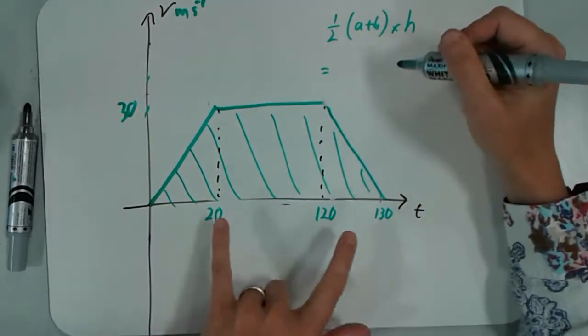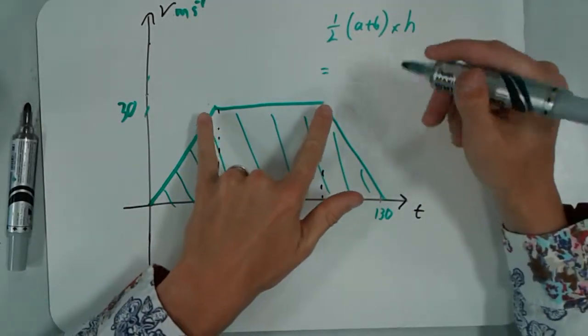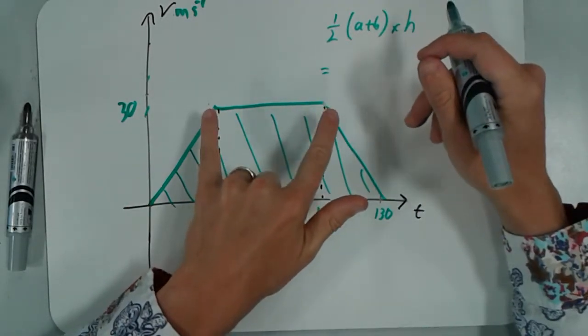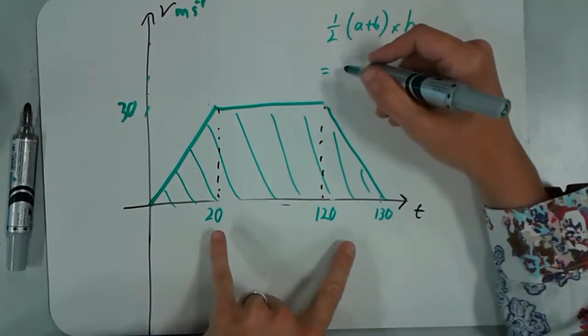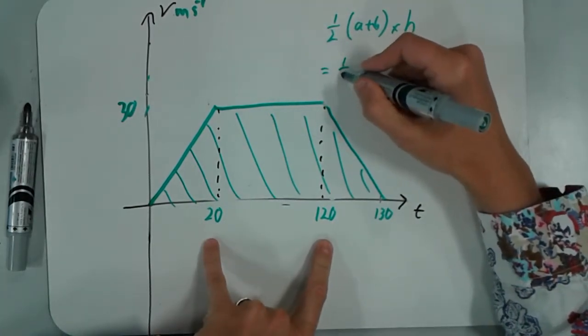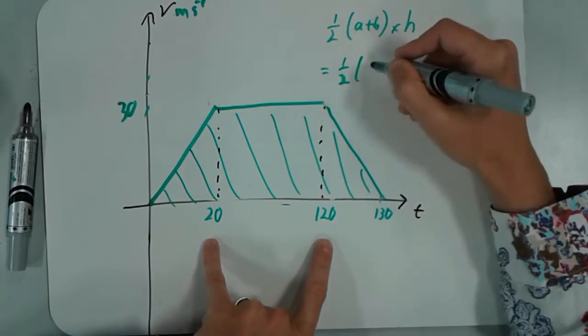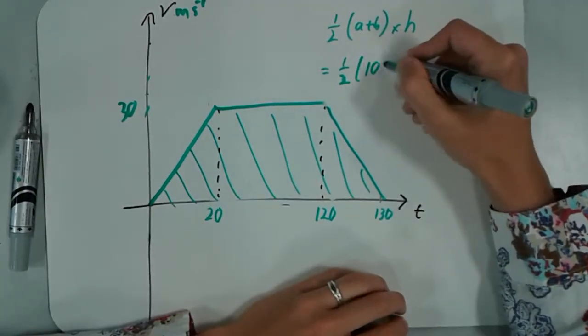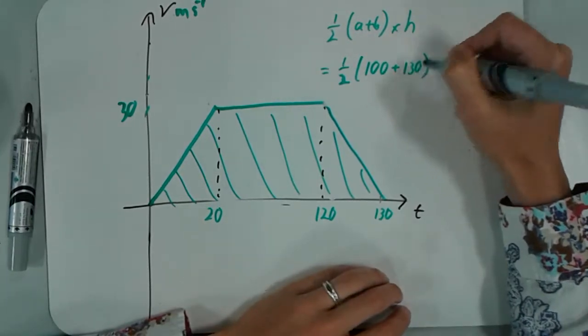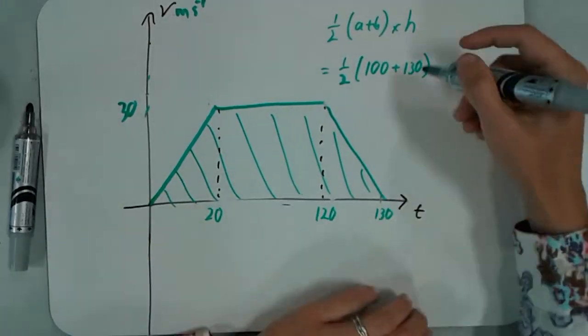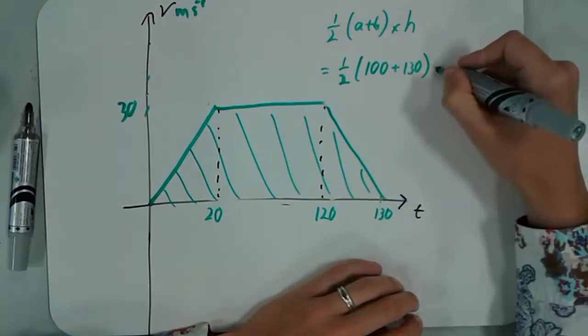In this case, that means that we have the average between when we were travelling at 30 and the overall time. So we were travelling at 30 for 100 seconds and a total time of 130. So we're looking at the average of those two lengths multiplied by the height.